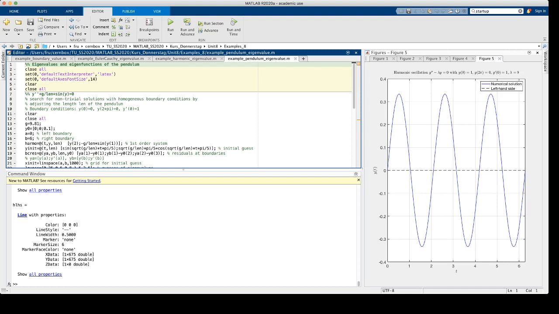And the boundary conditions are the same as before. Len is the length in meters, because we have specified g, the gravitational acceleration, as 9.81 meters per square second. Okay, I use the boundary condition 0, 0, 0.1, so a small initial velocity of the pendulum.